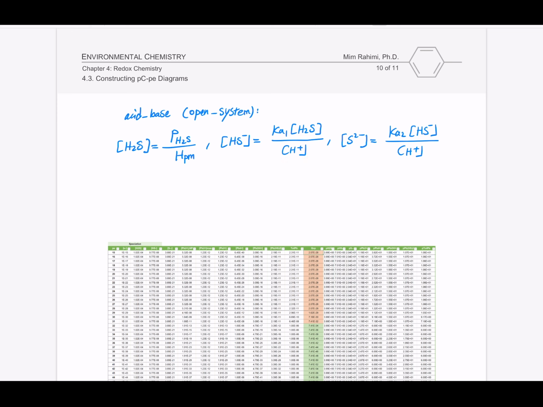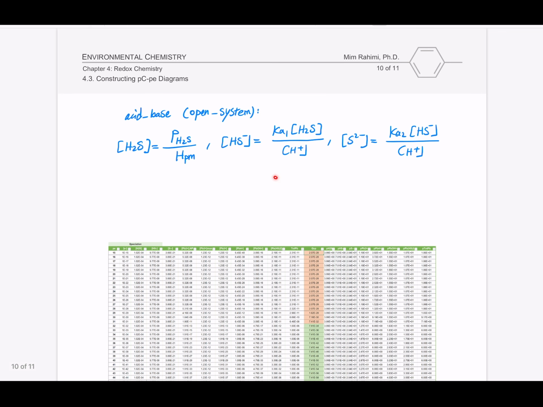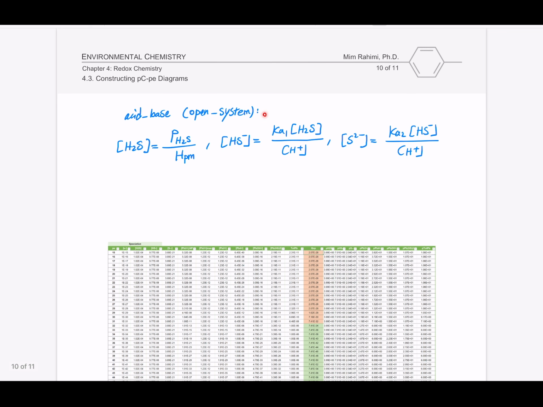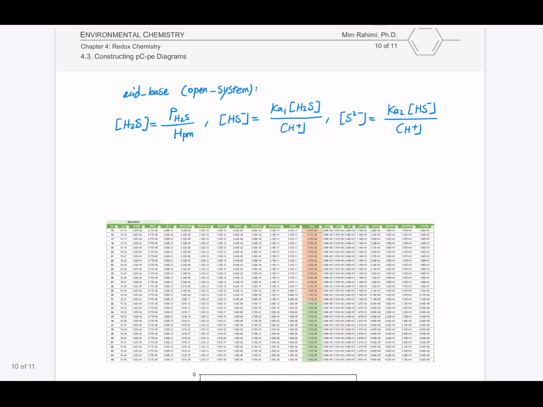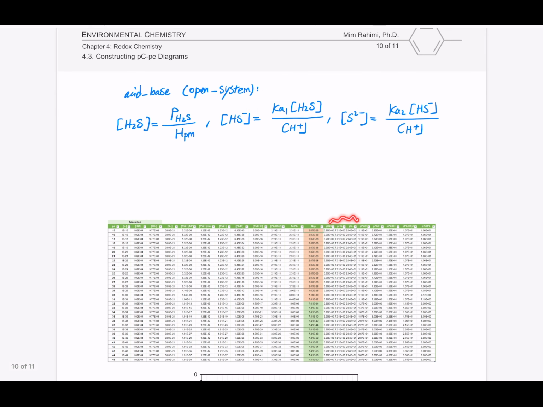Unlike the pC-pH diagram, here H plus is fixed. So this one is also fixed. The same for this one. And if you look at these three, you see that this is always fixed. So you have a constant feed of H2S, which is translating into HS minus and S2 minus.